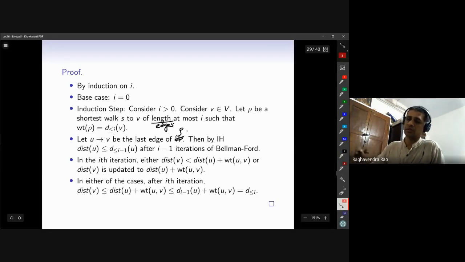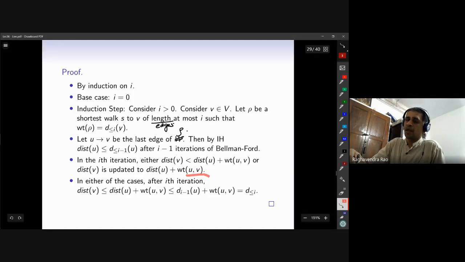So now let's start at the ith iteration. There are two possibilities. Either distance of v is smaller than distance of u plus weight of uv, or it is not. If it is not, then distance v is updated to distance u plus weight of uv.